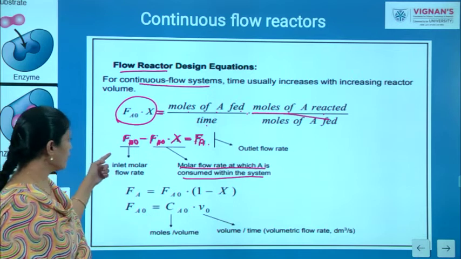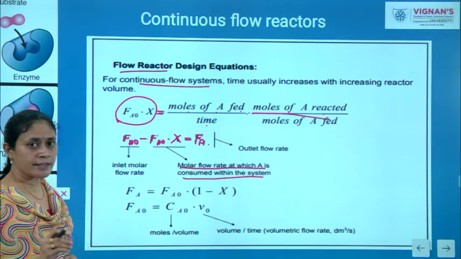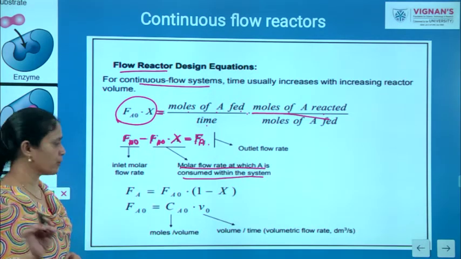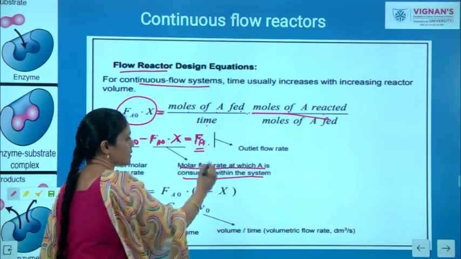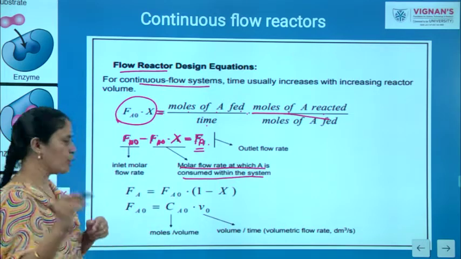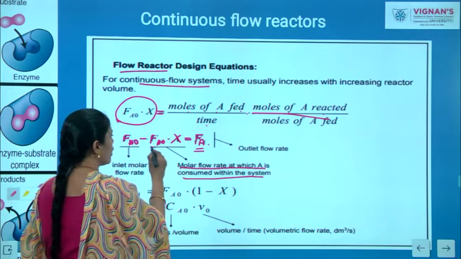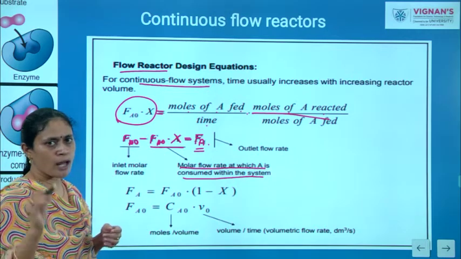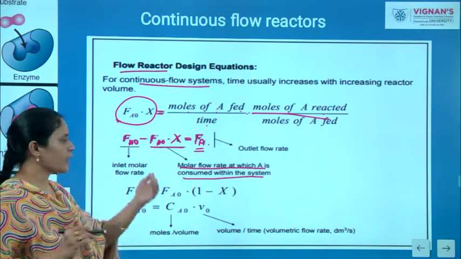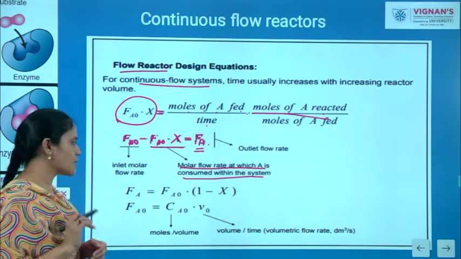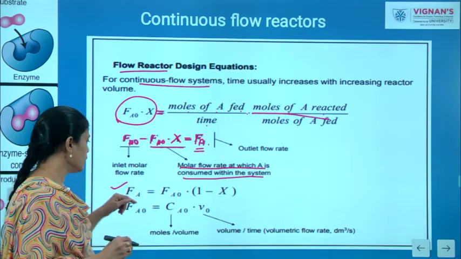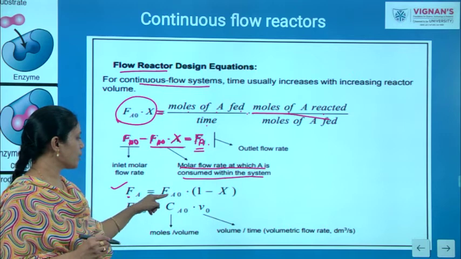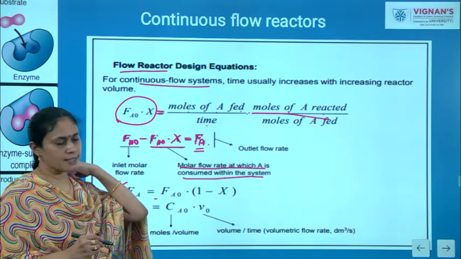Here, FA naught is the inlet molar flow rate, whereas FA is the outlet flow rate, and FA naught into X is the molar flow rate at which A is consumed within the system. Taking FA naught common, FA is equal to FA naught into (1 minus X).